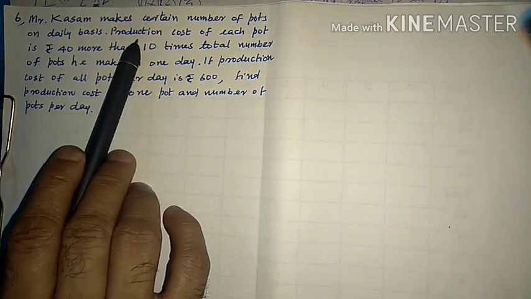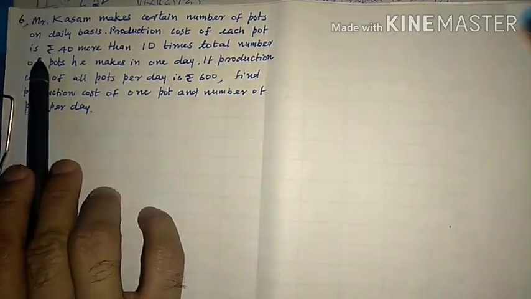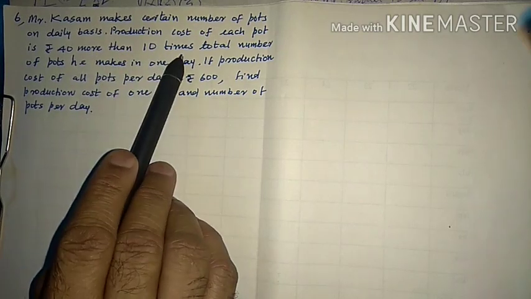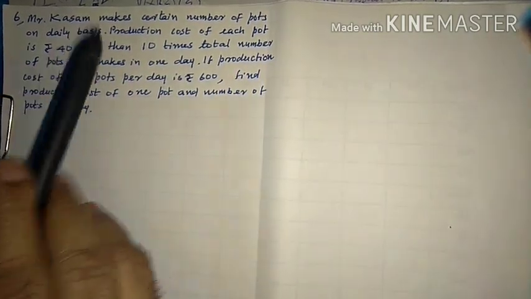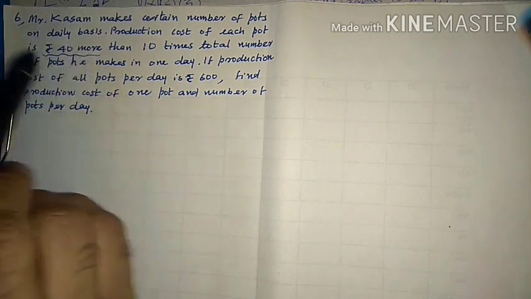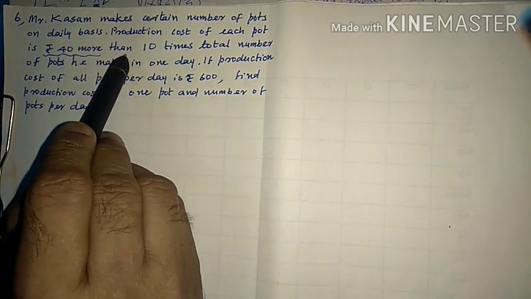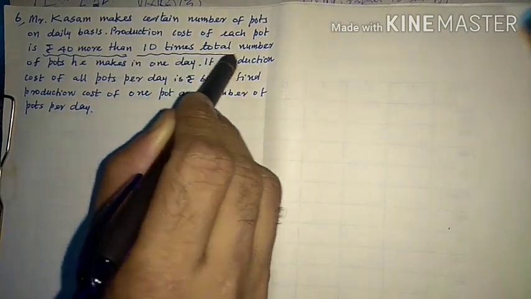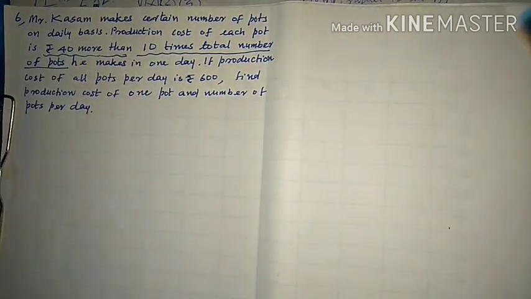Production cost of each pot is rupees 40 more than 10 times the total number of pots. You have to understand this part.